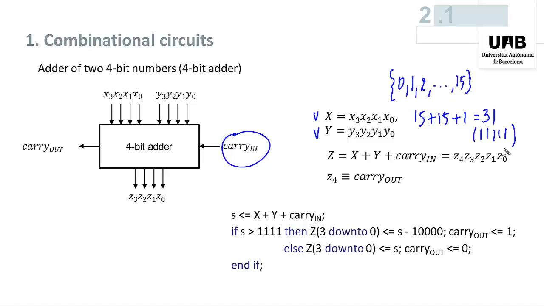Furthermore, Z4 will be considered as an outgoing carry. Thus the complete result consists of this carry out, or Z4, and 4 bits Z3, Z2, Z1, and Z0.